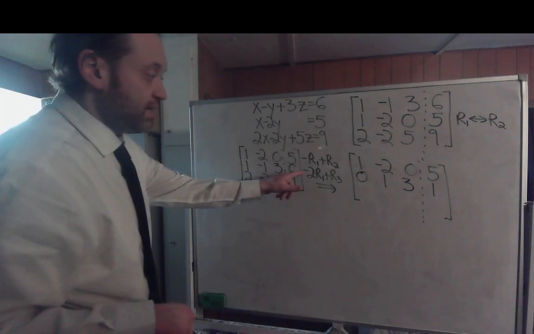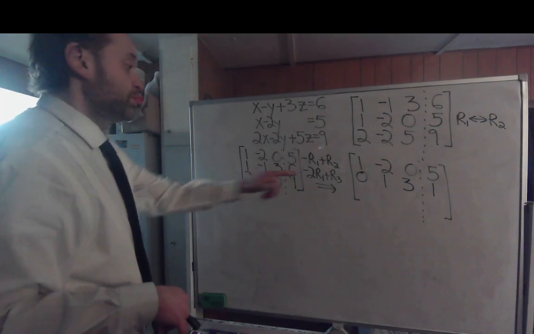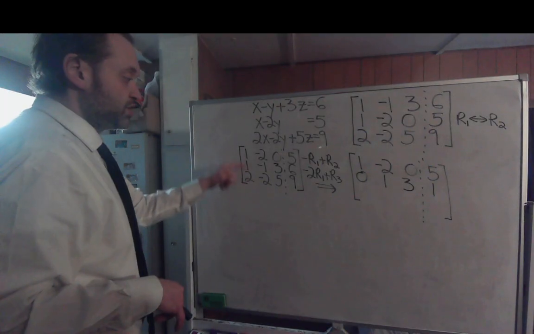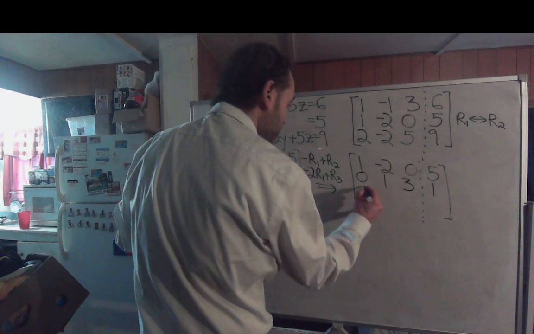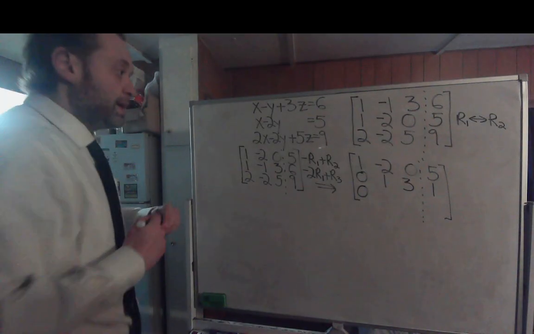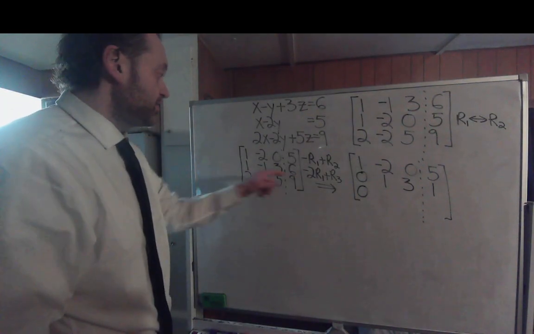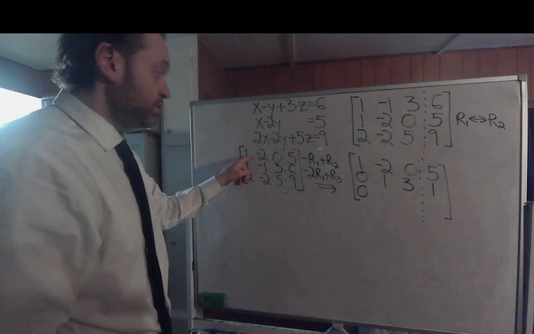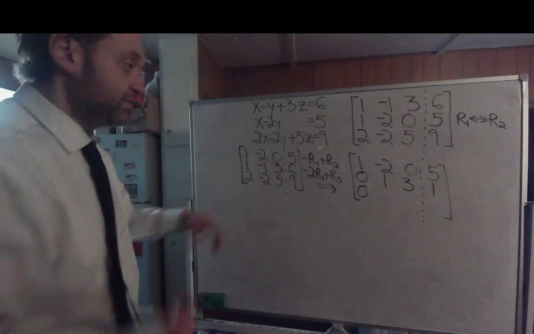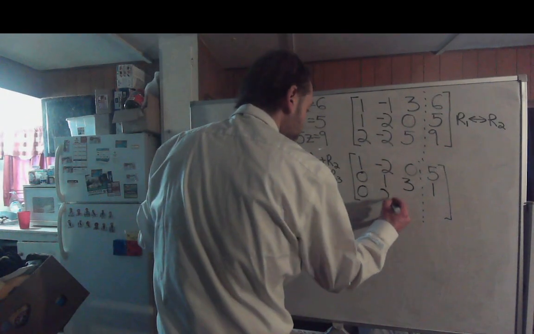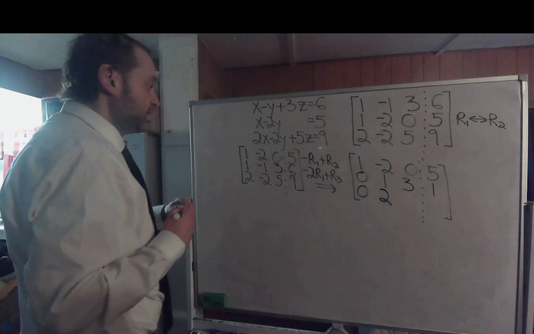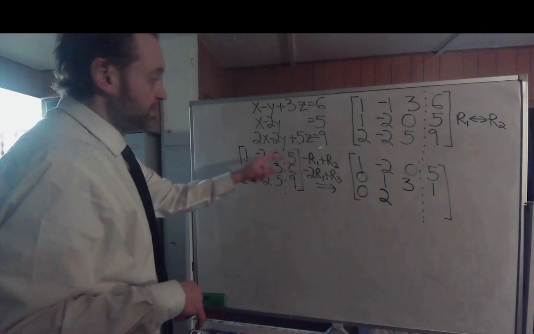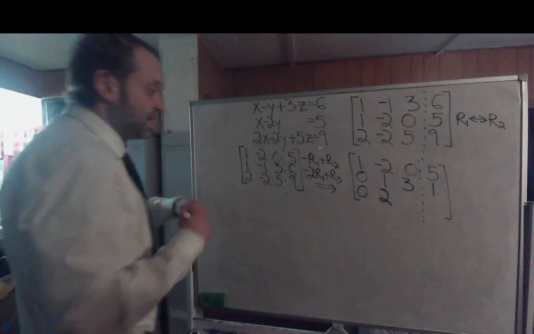Alright, now negative 2 times row 1 plus row 3. So negative 2 plus 2 is also 0. Okay, and then negative 2 times negative 2 is going to actually be positive 4, plus negative 2 turns into 2. And then, let's see, negative 2 times 0 is 0, plus 5, that's 5.